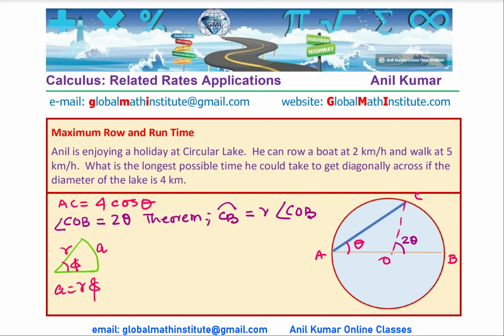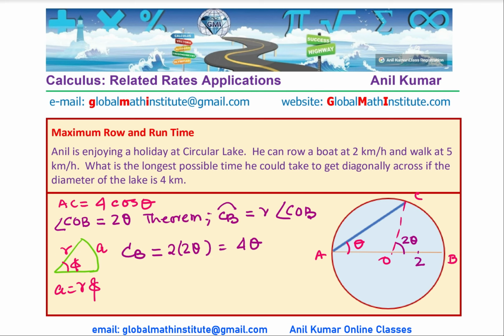And that is what we have used here. Is that clear to you? So from here, we get what CB is. So CB is r, radius is 2, and therefore the angle is 2 theta. It's 2 times 2 theta, which is 4 theta.